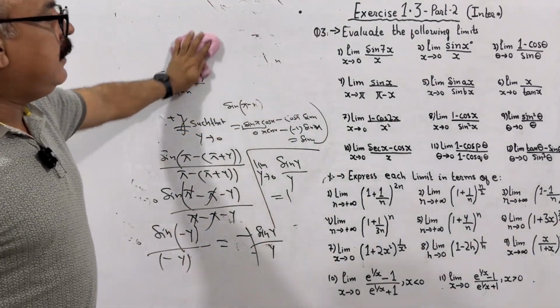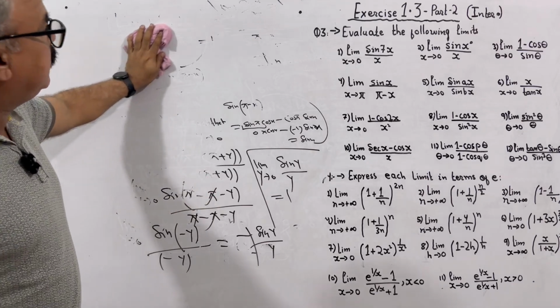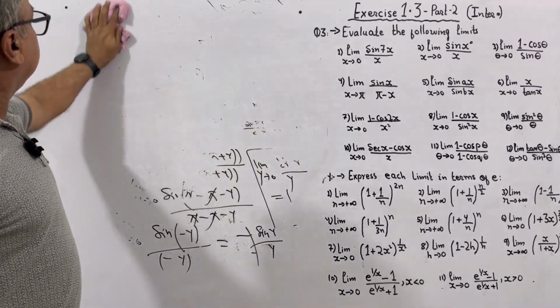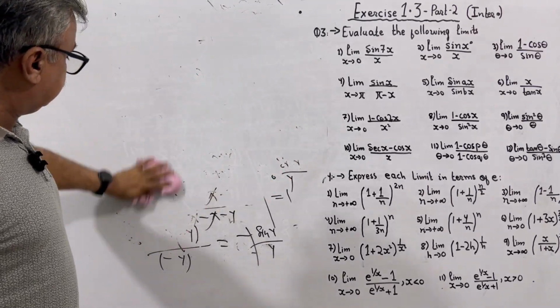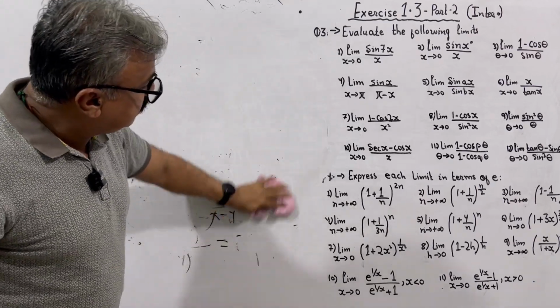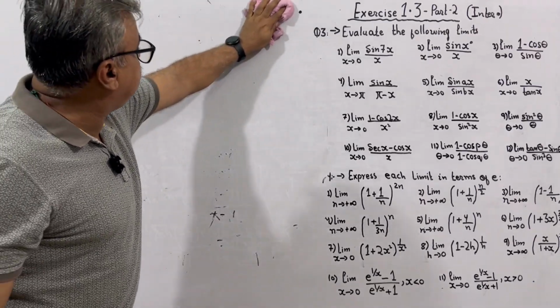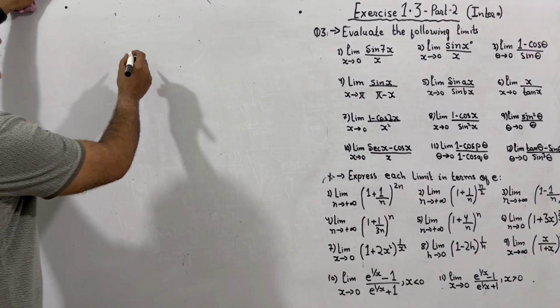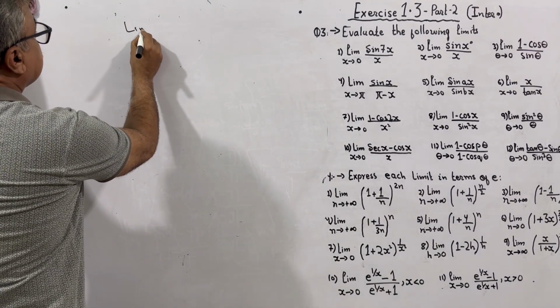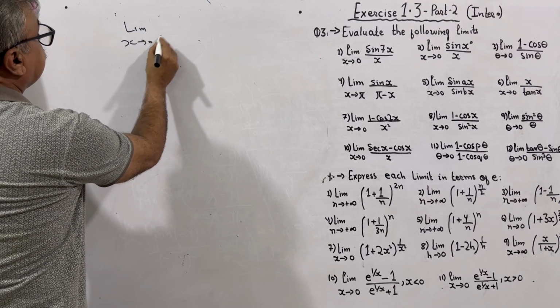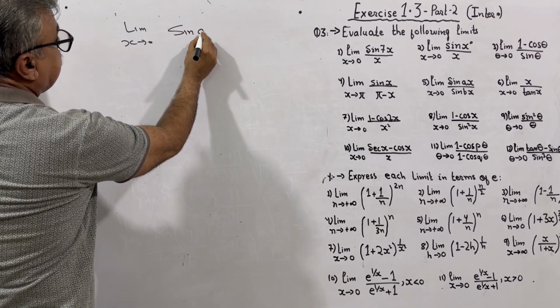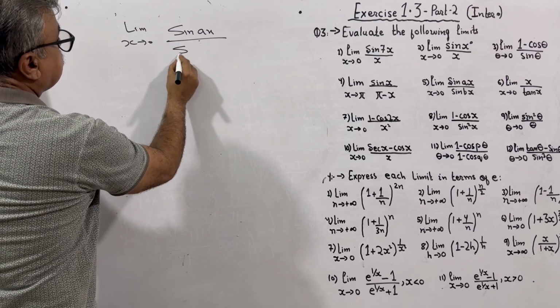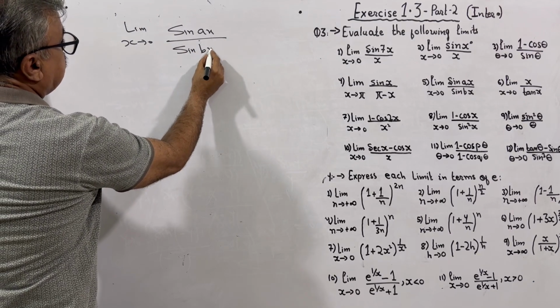Okay. Moving towards question number 5. Limit x tends to 0 of sin ax divided by sin bx.